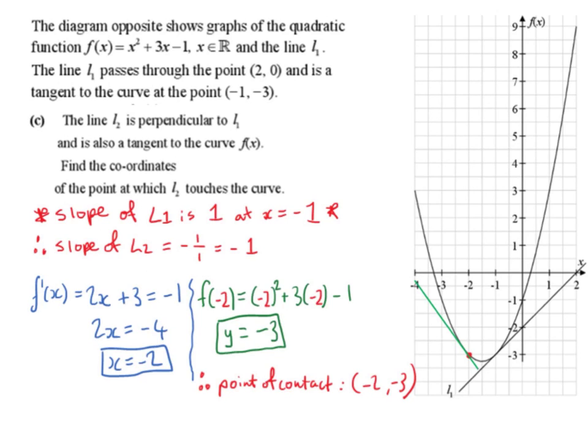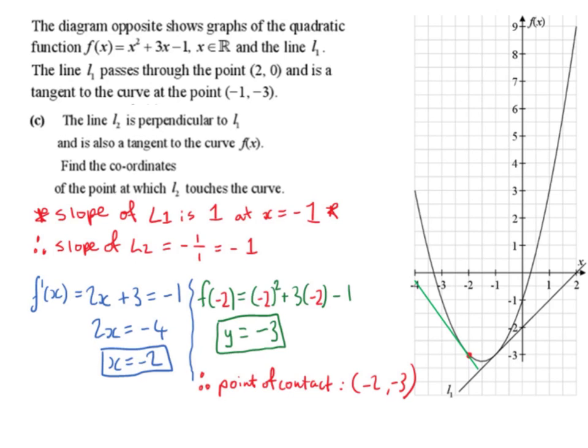So the perpendicular slope is always going to be the reciprocal of that number and the sign changed. So if the slope of L1 was 1, then the reciprocal of that would be 1 over 1, which still gives us 1, and we change the plus to a minus. So if the slope of L1 is 1, then the slope of L2, which is perpendicular to it, is minus 1.